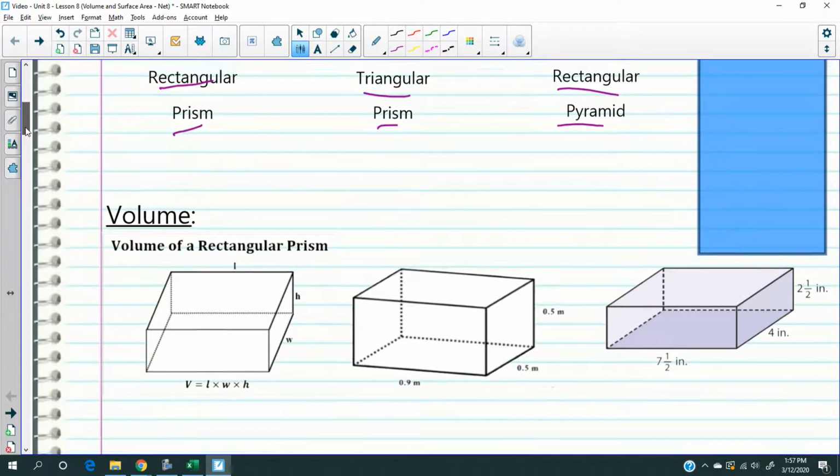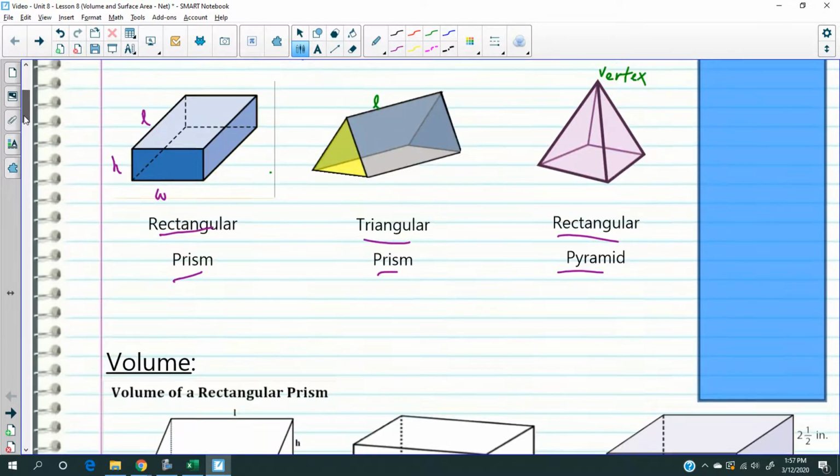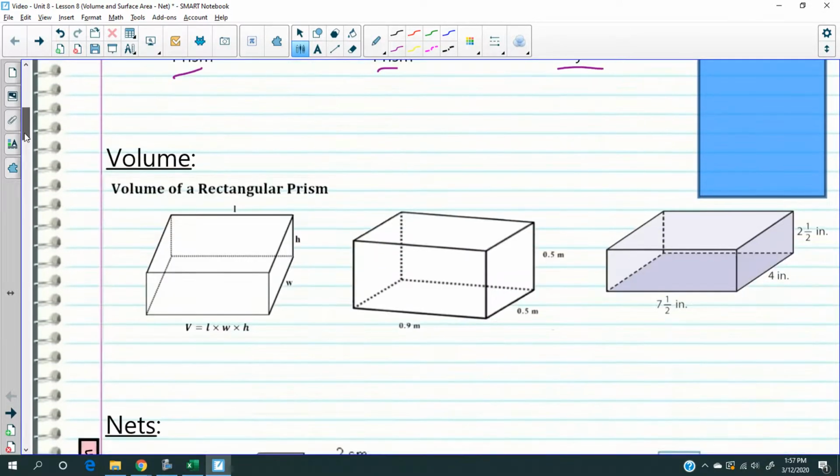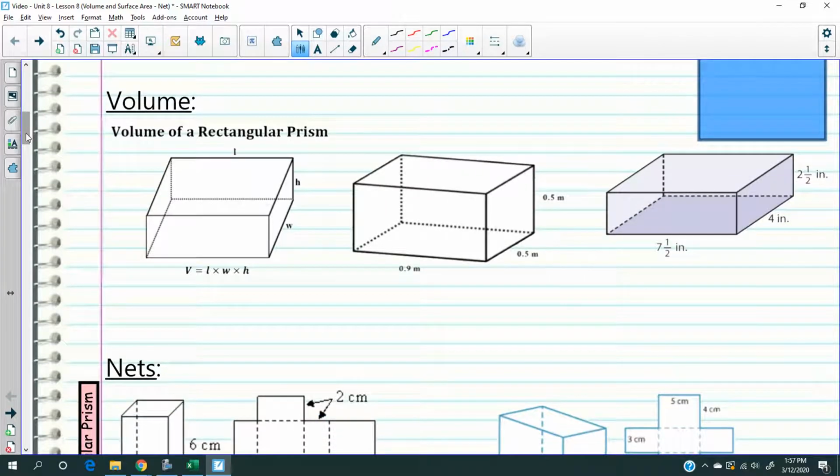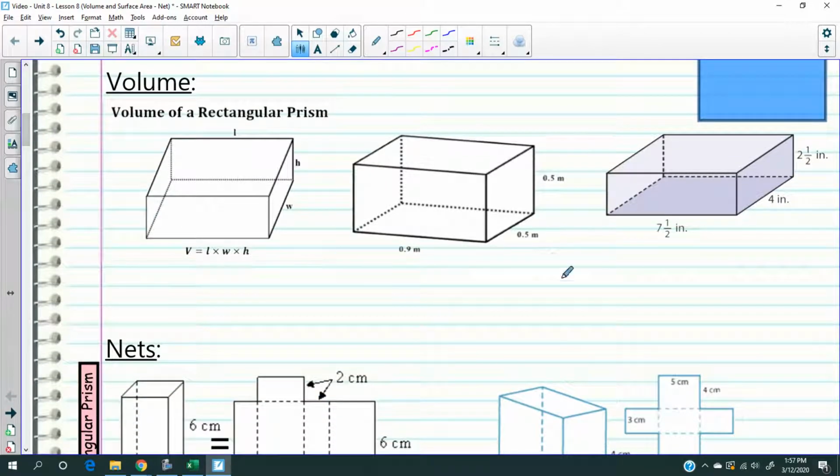So for volume, you only need to know the volume for a rectangular prism. So volume, very straightforward. This is all you need to know. To find the volume, you need to multiply the length, the width, and the height. And there you have it. So for example, looking at the first one, right?